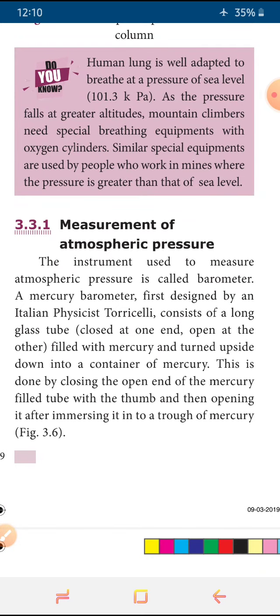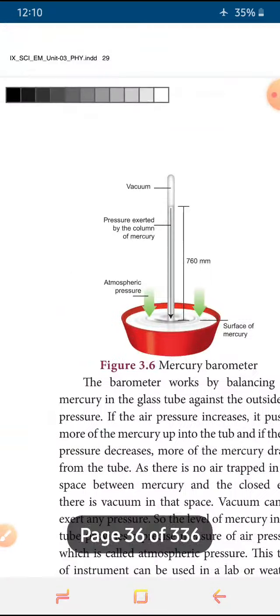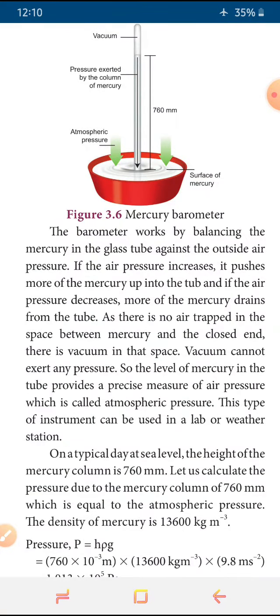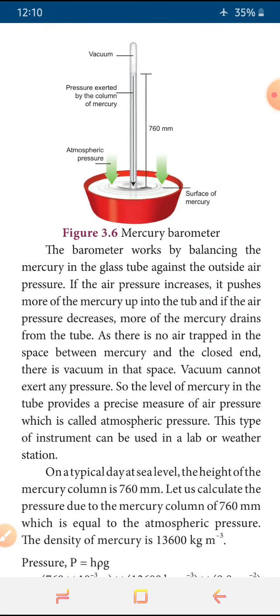A mercury barometer was first designed by the scientist Torricelli from Italy. It is closed at one end and open at the other end. Now we will discuss the mercury barometer, and the diagram is given. In this barometer, a narrow glass tube is taken, and one vessel.